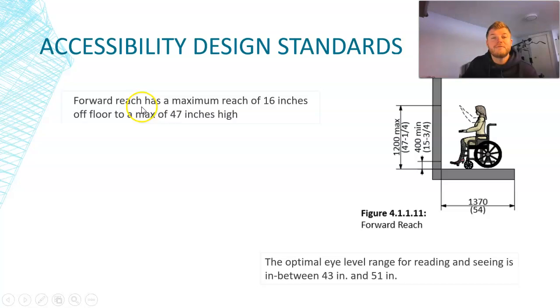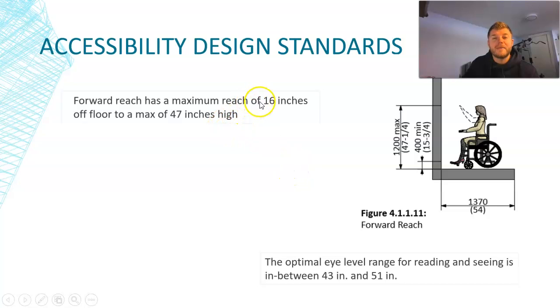As you can see here, forward reach has a maximum reach of 16 inches because now you have your legs in front of you. So it's 16 inches off the floor to a maximum of 47 inches. We lose some of that reach. So if you have an area where they're not able to turn their wheelchair and come at it from the side or a parallel approach, what they would have to do is go forward.